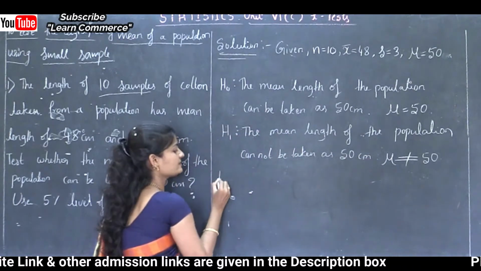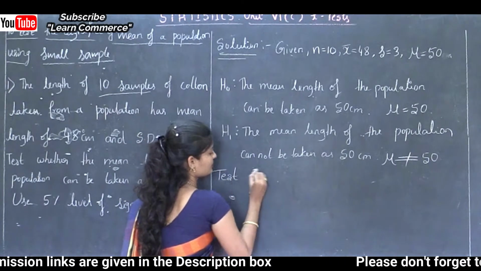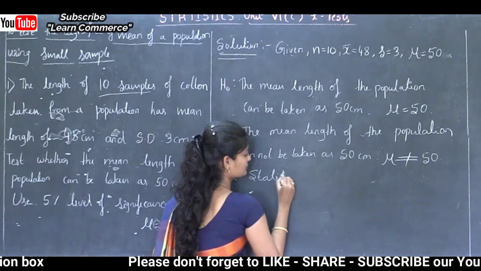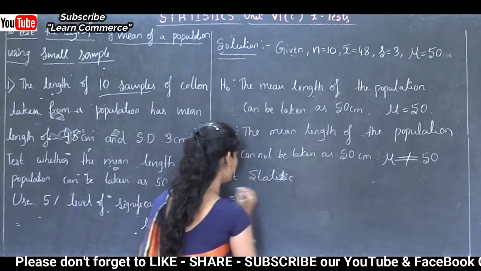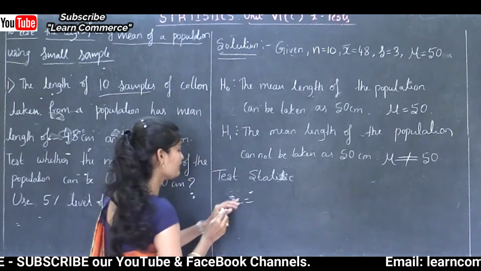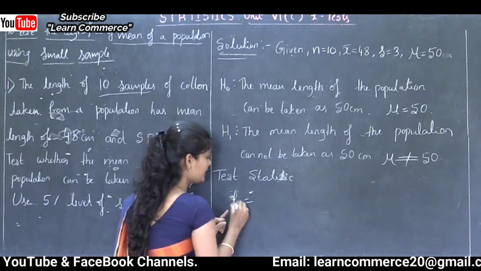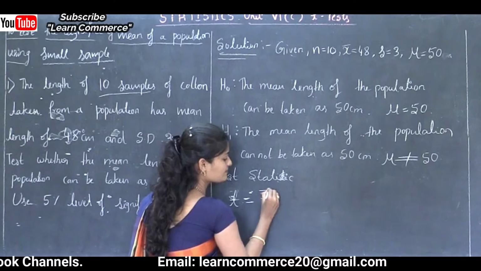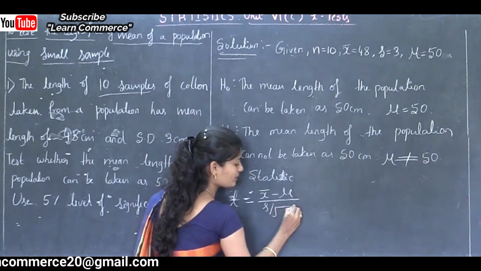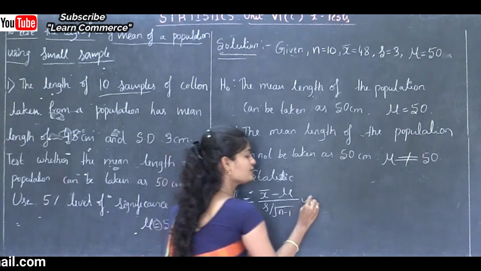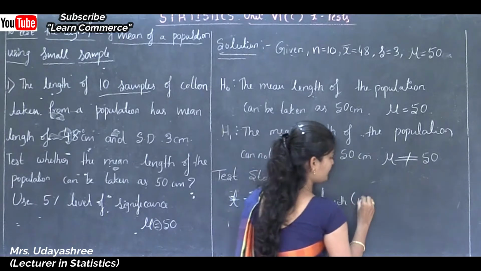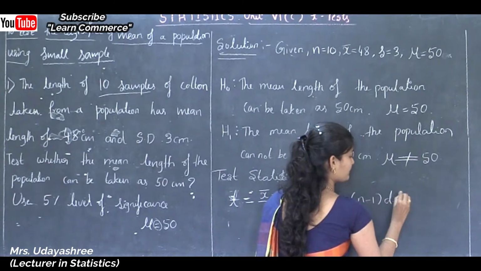Then step 3 is the test statistic. So this is a t-test. Here we have to write t is equal to x bar minus mu divided by s divided by square root of n minus 1, which follows t distribution with n minus 1 degrees of freedom.